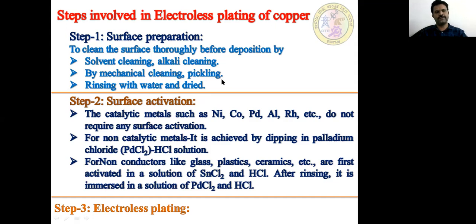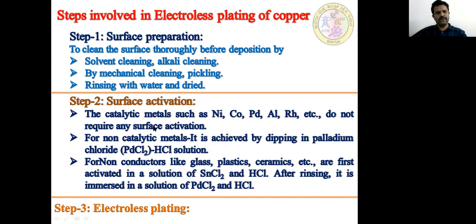After this cleaning process, the next step is surface activation. Because electroless plating is a slow process, because we are using a reducing agent as a source of electrons. To activate this reduction process, the surface must be activated.